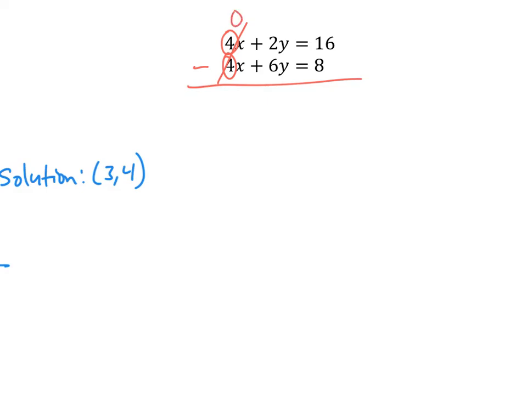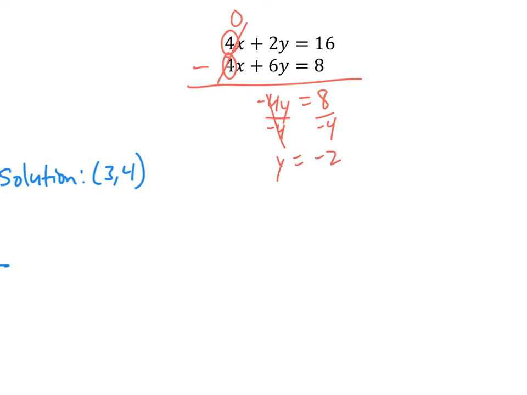That'd be 0. Okay, 2y minus 6y is going to be a negative 4y, and that'll be equal to 16 minus 8, which is a positive 8.